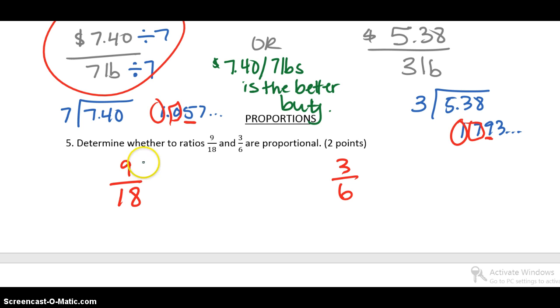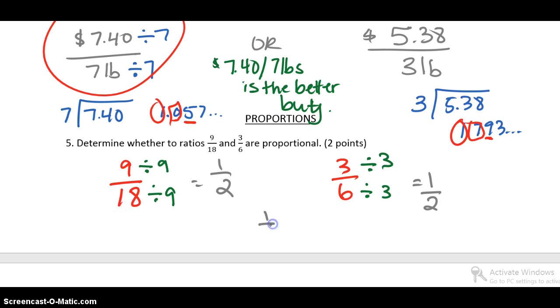So I noticed for this 9/18 we can divide both numerator and denominator by 9, and I end up getting 1/2. Over here on 3/6, I'm going to divide both numerator and denominator by 3, and I end up again getting 1/2. Now I want to make sure we write 1/2 equals 1/2. We want that equality statement, and so we know that yes, they are proportional.